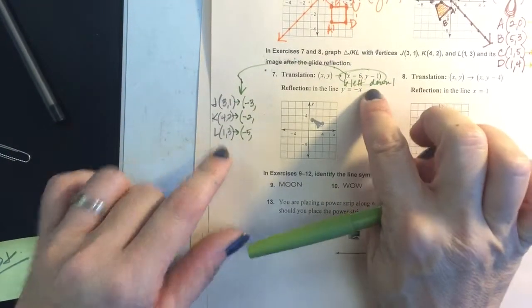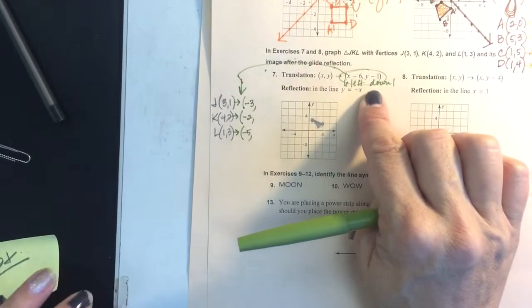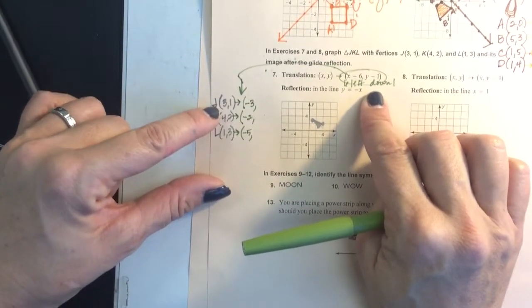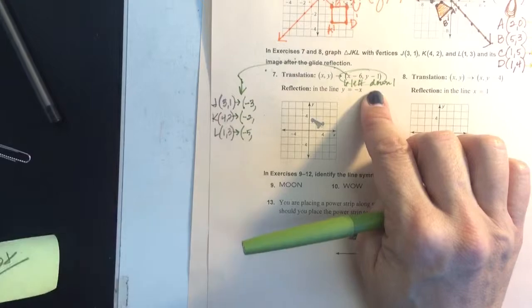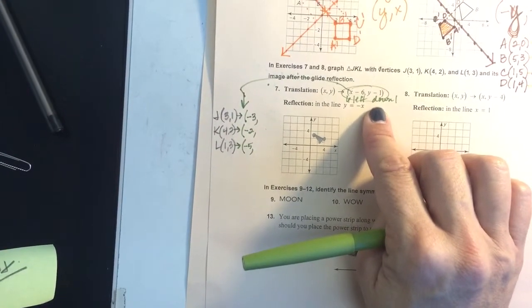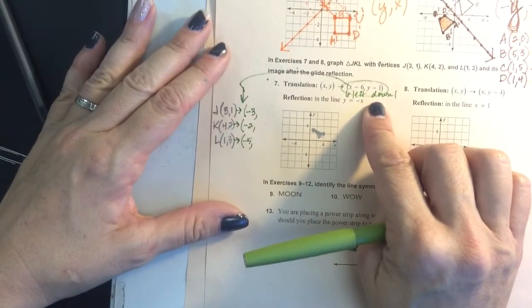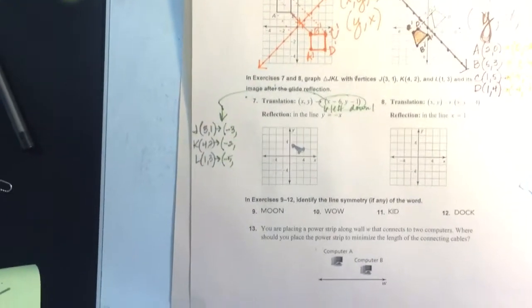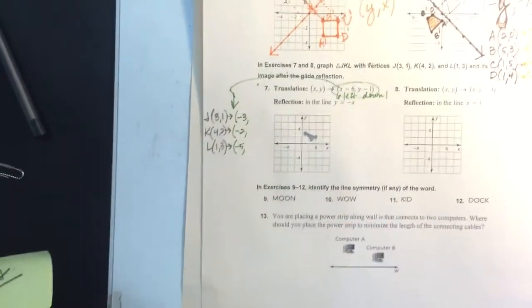I'm getting that from my translation, my slide rule right here. Every x value has to have 6 subtracted from it. Every y value needs to have, what is it? 1 subtracted from it.